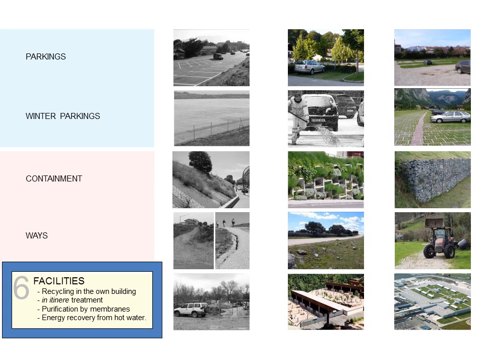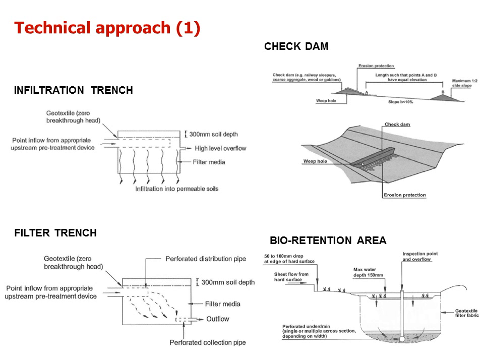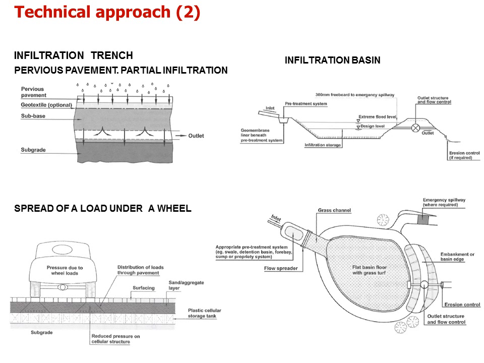Parkings, winter parkings, containment structures, ways, and bylaws, some facilities to improve the water quality in the city. The technical approach is different for each specific case. There are recommendations for infiltration trenches, for a check dam, for filter trench, and for a bioretention area. All these examples are displayed in the references at the end of this lecture.